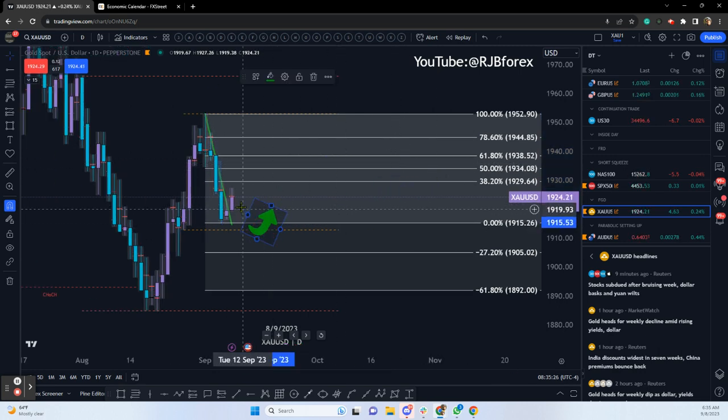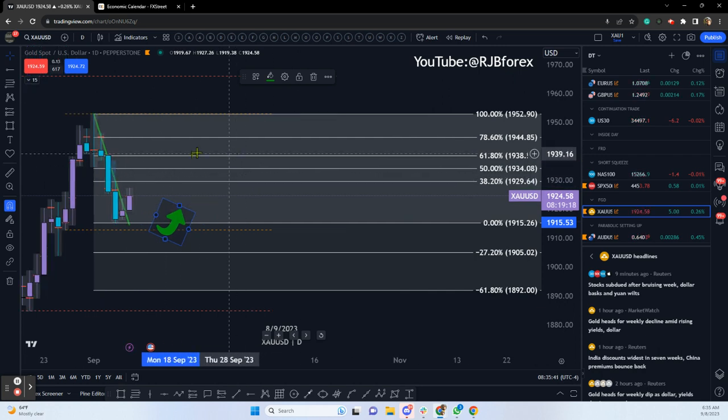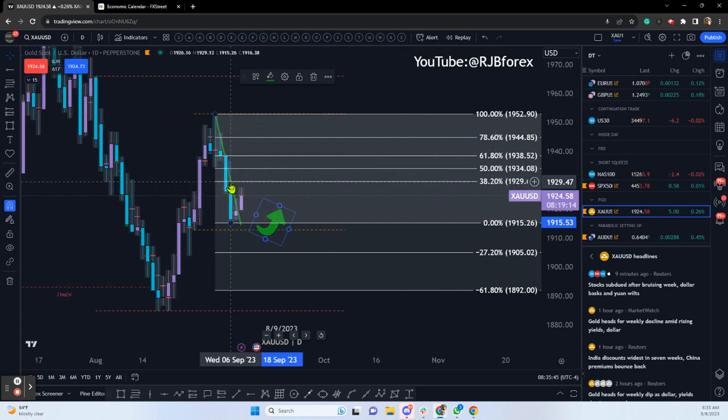And I anticipate a move into the 38.2 at least. And if you look left, well, there's that high up there. So what day is that? Wednesday's high has a slight correlation, well, pretty much bang on with the 38.2.